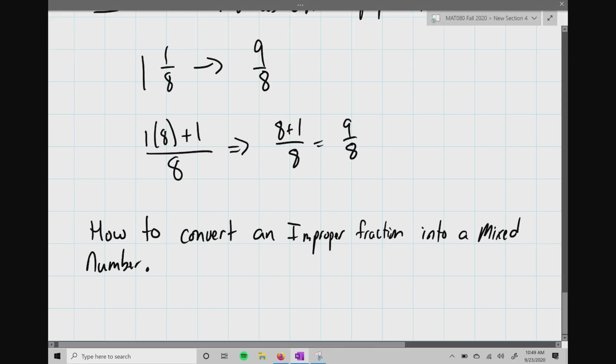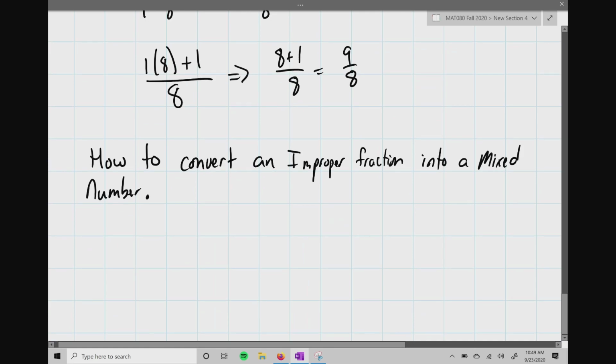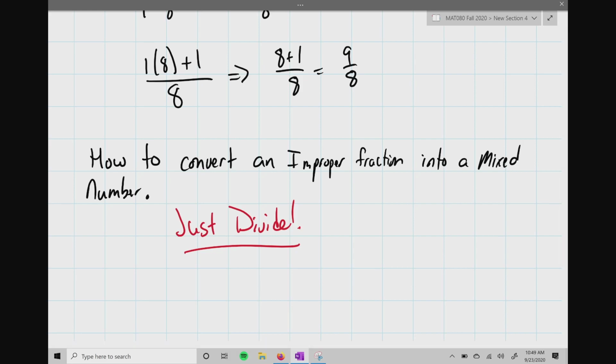All right? And here's how you do it. All you gotta do is divide. That's it. You just divide. You've already learned how to do this. Okay? It's just, we didn't really tell you this is what you were doing yet. So let me show you what I mean.